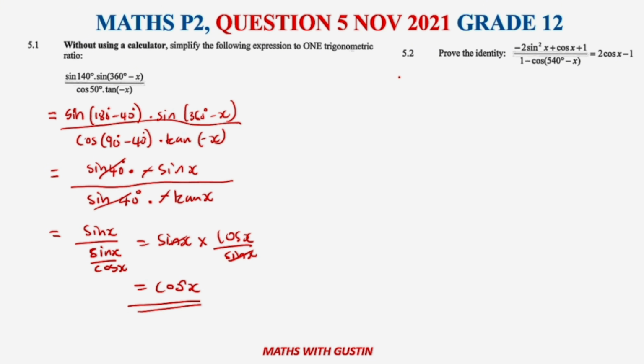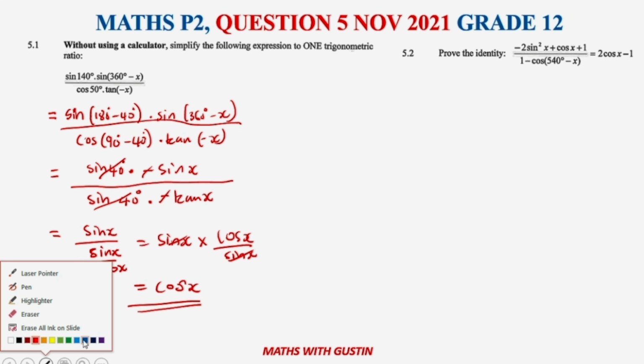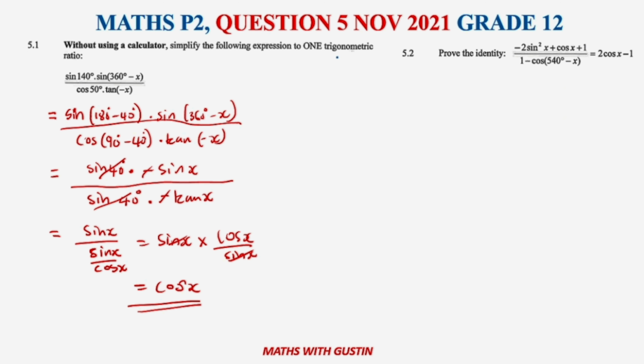All right, on 5.2 they said prove the following identity. We always say if there's an identity, we start with the side that has a lot of information, which in this case is the left-hand side.